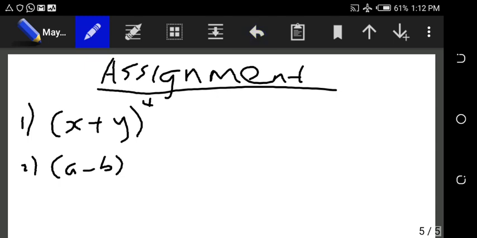Okay, 6 is still okay, so use 6. And the last one, please try this, a plus b raised to the power 8.